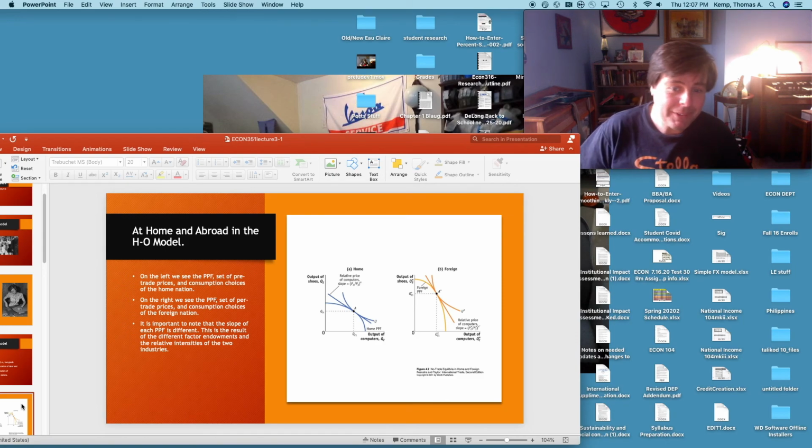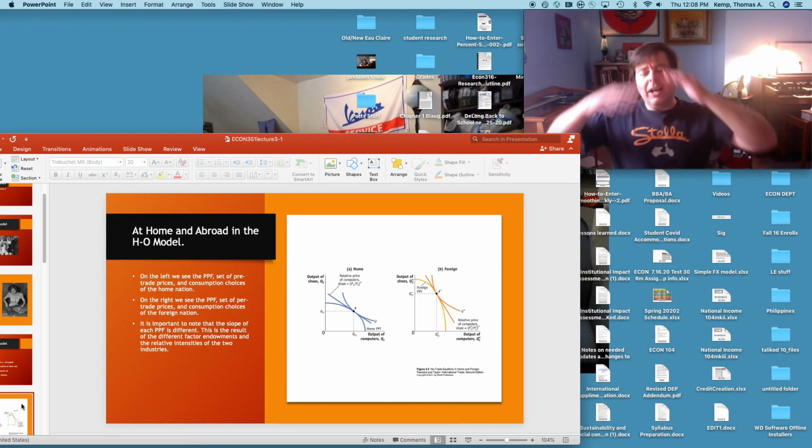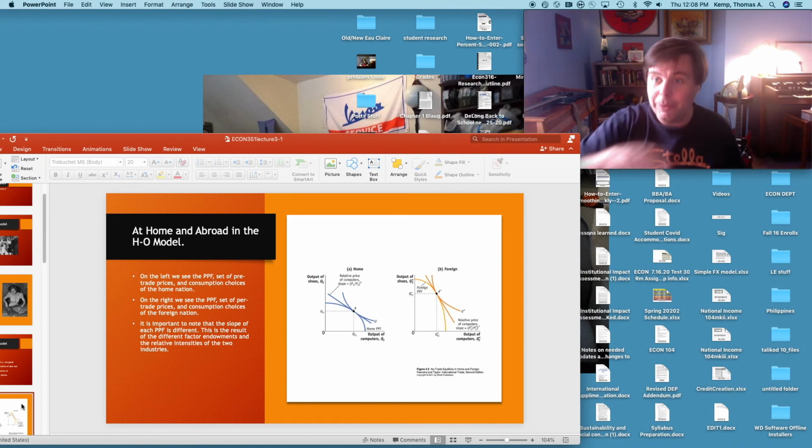Okay, so we have two relative prices here. You'll notice that they're different. The home country's is notably flatter than the foreign country's, or to put it another way, the price of shoes in the home country relative to computers is high when compared to the foreign country. Now you're thinking, geez, that's a lot of comparing. Go back and watch it again.